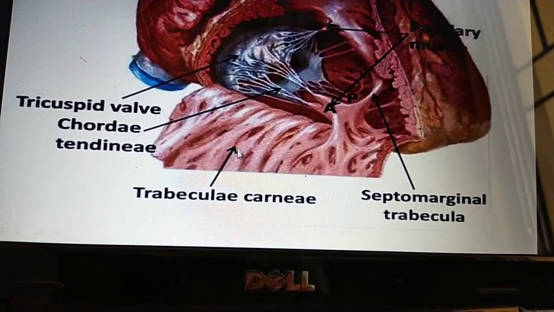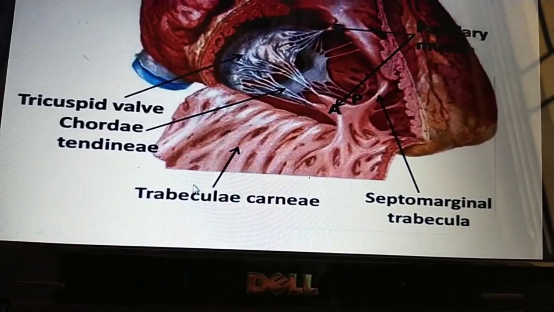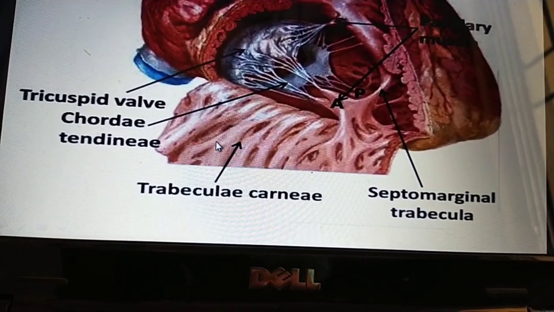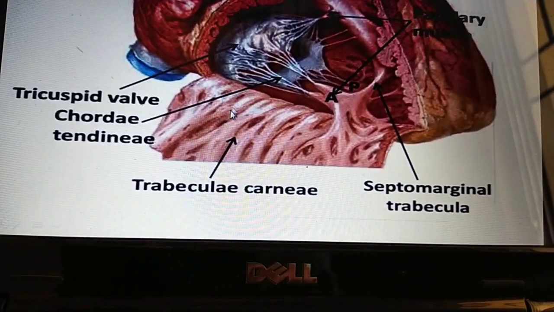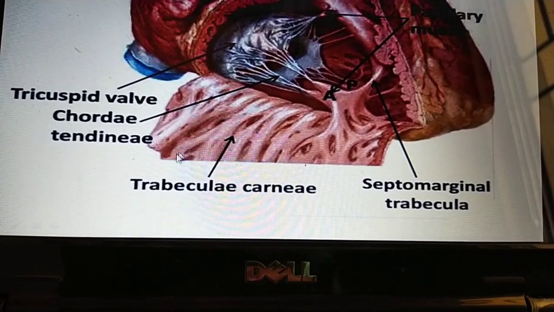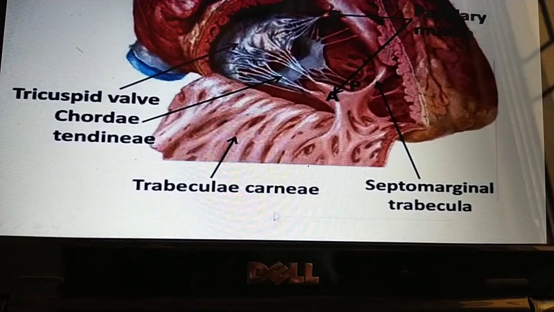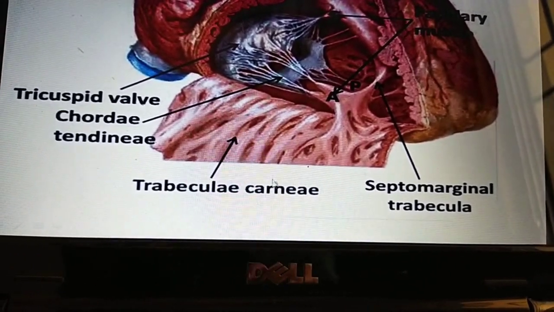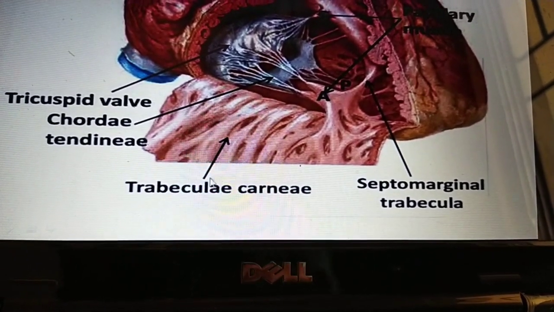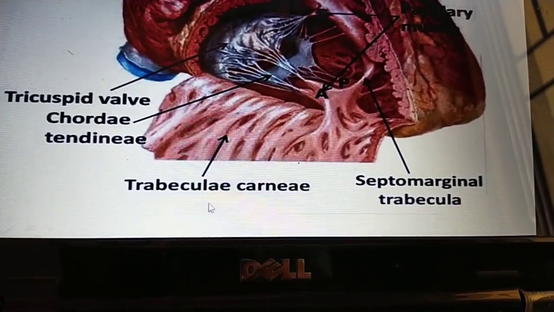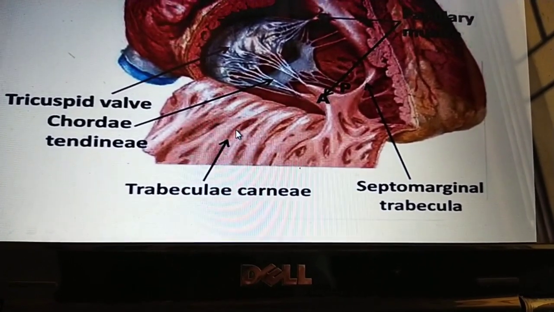The definition of trabeculae carneae is that they are rounded or irregular muscular columns which project from the inner surface of the ventricle. They are fixed ridges or elevations of the inner surface of the ventricle of the heart, also called meaty ridges of the ventricle wall.